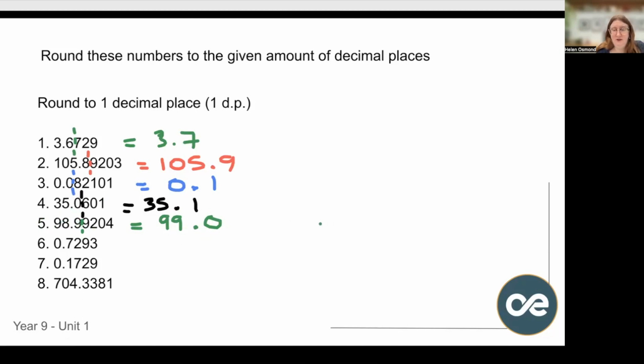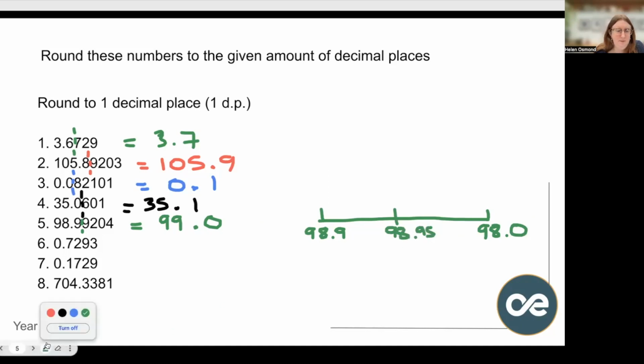If you think about it this way, let's draw this one out. Okay, let's draw the line. We've got between 98.9 and the next decimal up is 98.0, or just 98. But because we're dealing with 1 decimal place, we're going to write it with 1 decimal place. In between here, 98.95 is going to be in the middle.